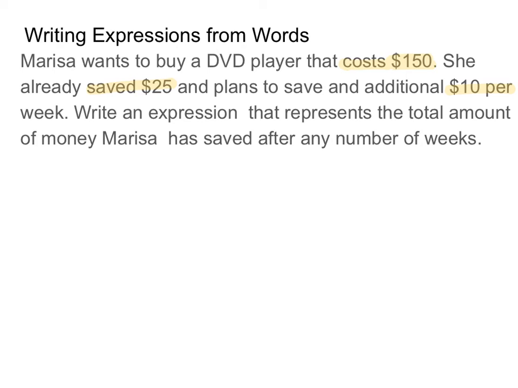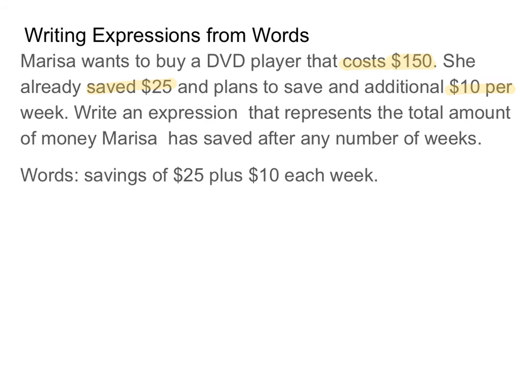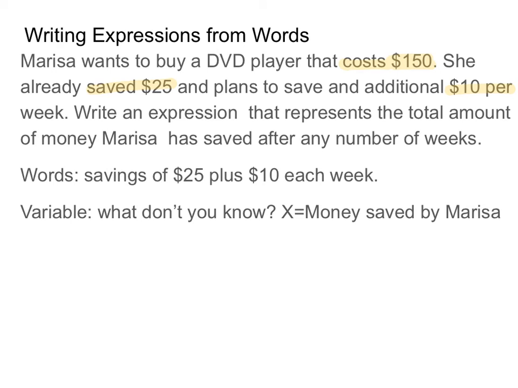Okay, so what are some words that we need to know? So she's saving $25 plus $10 each week. Okay, so those are some words that are important. For a variable, what don't we know? We don't know the amount of money saved by Marissa. So we're going to say that that is X, or a variable.